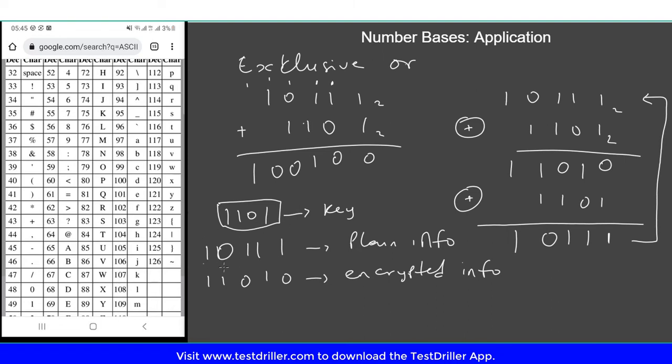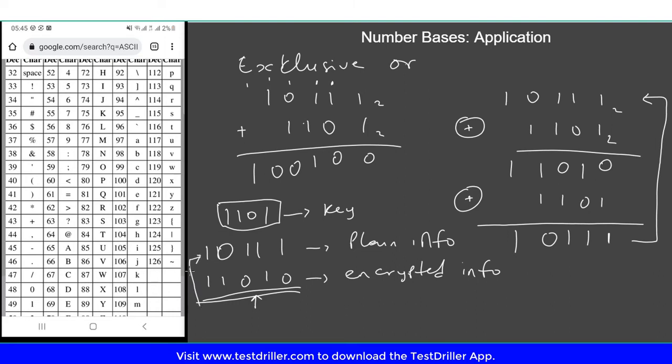I can add this key to it, and that will give me this information. That person is going to receive this information, whereas the original information is this. But if the person has my key, if we have already exchanged the key earlier on and he knows that I'm using a key of 1101, he's going to add that key back to the encrypted information, and that will give that person the plain information.